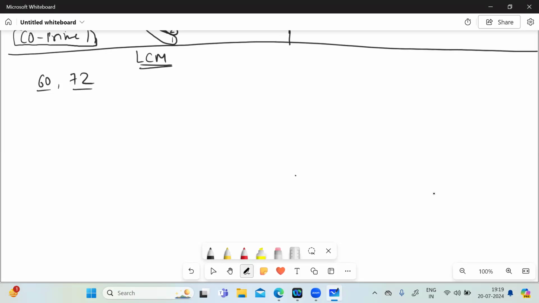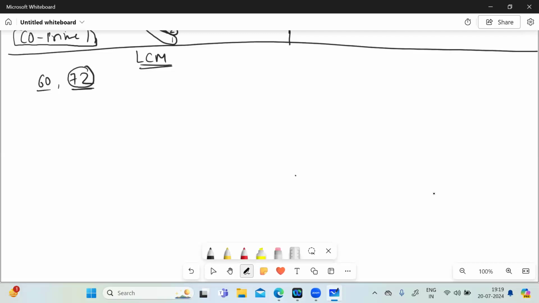The first method that I've already explained is that you write all the common multiples of 60 and 72, and you get the first common multiple. Rather than writing all the multiples of both numbers, you can just start with the largest number. Now, this particular line is very important.